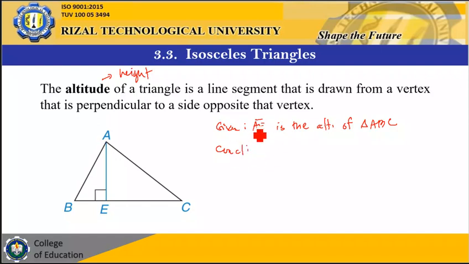We can conclude that AE is perpendicular to segment BC. Okay? According to our definition. And that is the definition of an altitude. Okay? An altitude of a triangle.